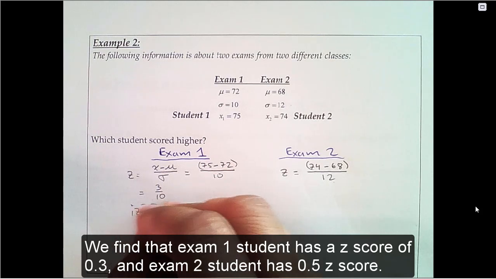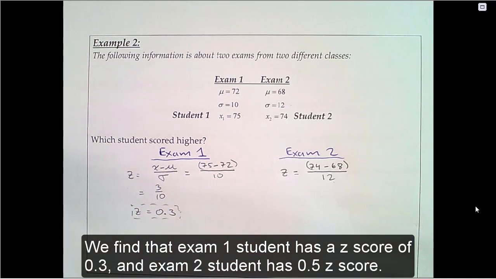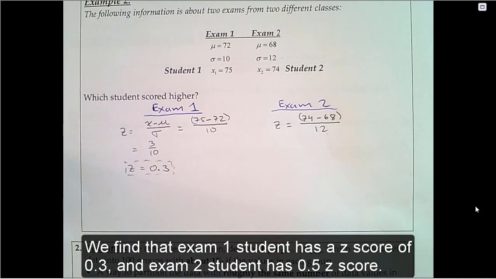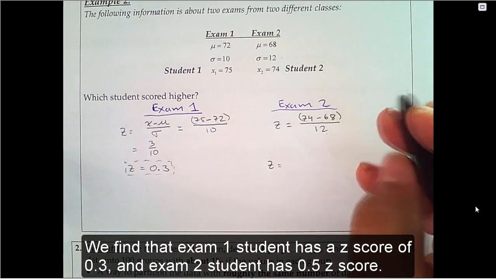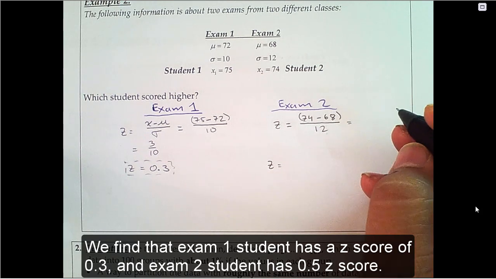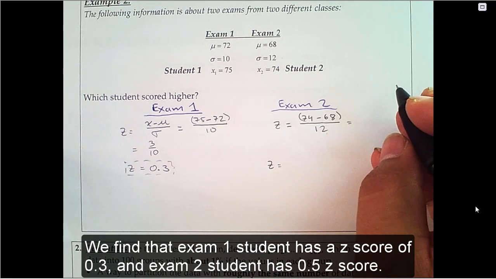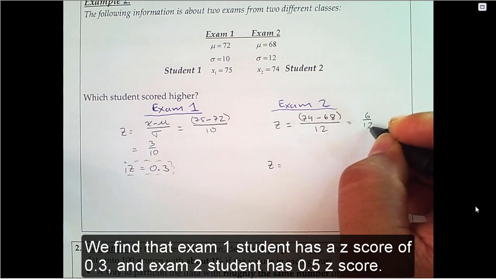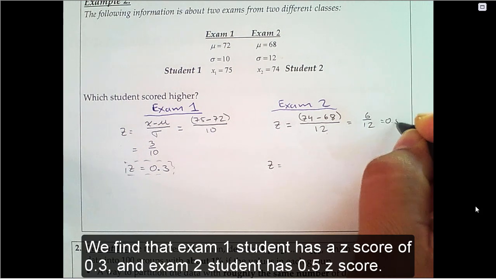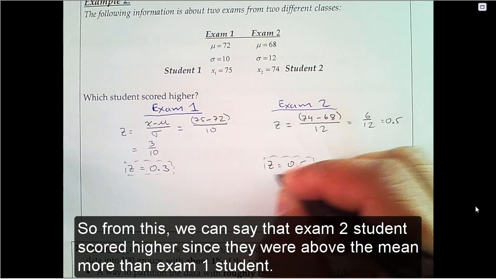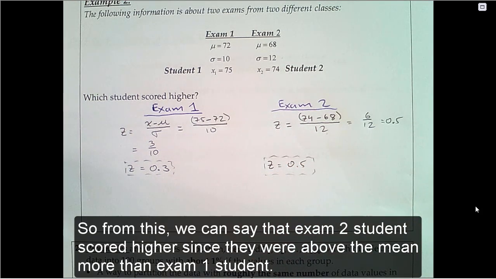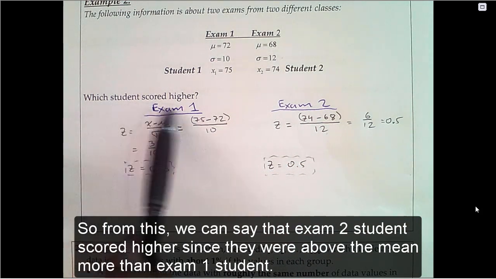We find that exam 1 student has a z-score of 0.3, and exam 2 student has 0.5 z-score. So, from this, we can say that exam 2 student scored higher since they were above the mean more than exam 1 student.